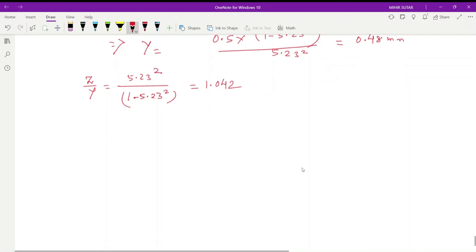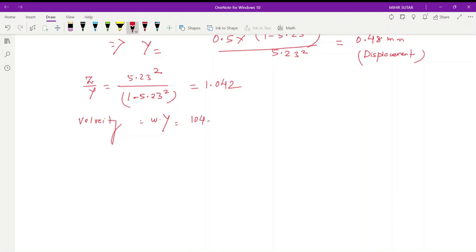So this is the displacement. We got the displacement, and velocity can be obtained as omega Y, so 104.72 into 0.48, that is 50.26 mm per second.